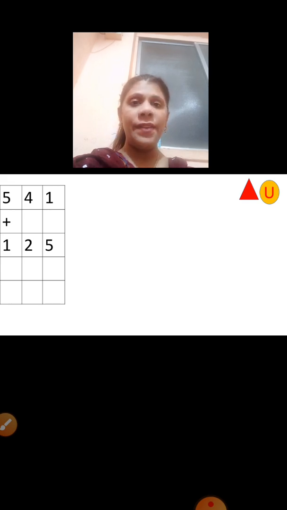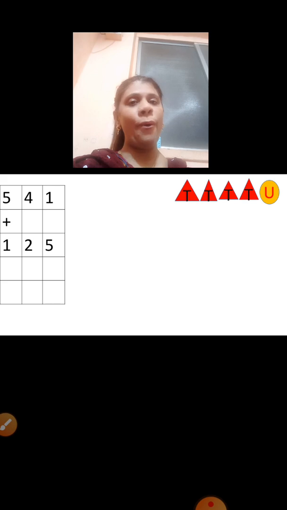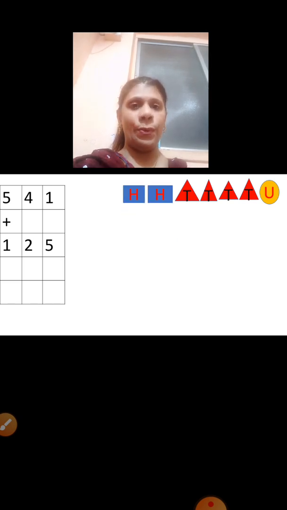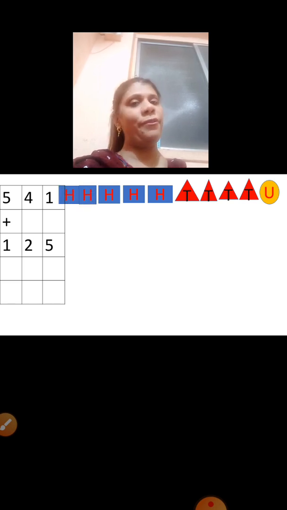So, how many tens are we going to draw? 1, 2, 3 and 4. Now, which number is in hundreds place? 5. Correct. So, how many hundreds are we going to draw? 1, 2, 3, 4 and 5.